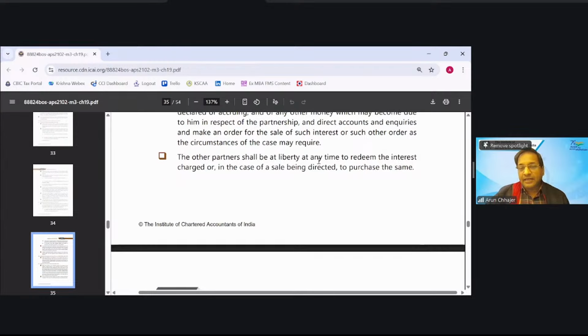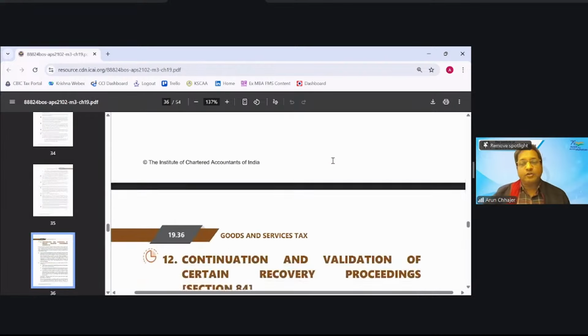The other partners shall be at liberty at any time to redeem the interest charged, or, in case of a sale being directed, to purchase the same.